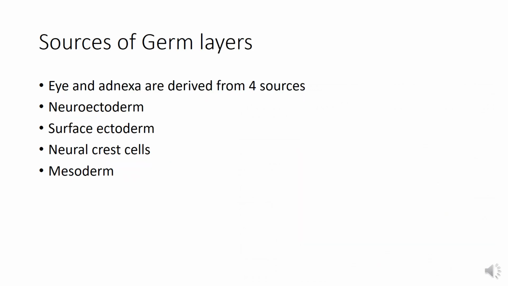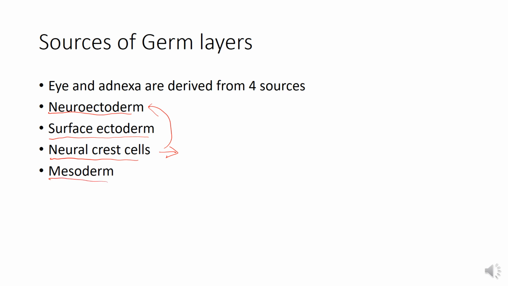So the eyeball and adnexa are derived from four sources. Number one is the neuroectoderm, which is derived from the ectoderm, then the surface ectoderm itself, then the neural crest cells, which are also derivatives of neuroectoderm, and then the mesoderm.